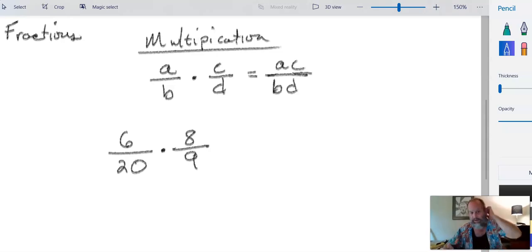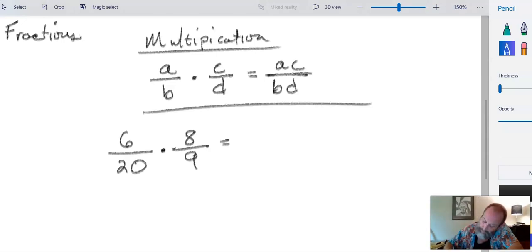Okay, so let's say we're looking at that, right? I didn't want the multiplication to get too bad. So if we're going to follow this definition here, really all we need to do is just multiply straight across. 6 times 8 is 48, and 20 times 9 is 180.